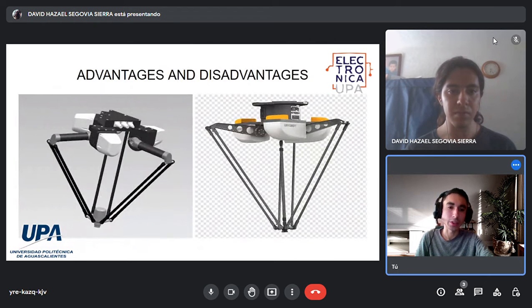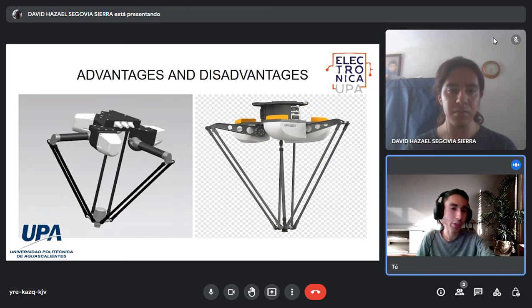So, basically, the advantages that these kinds of robots have is that, as we mentioned, they are very high-speed robots. They have high operational precision. The disadvantages are that they are difficult to operate because these robots have 6 axes, and they also require a separate robot controller.